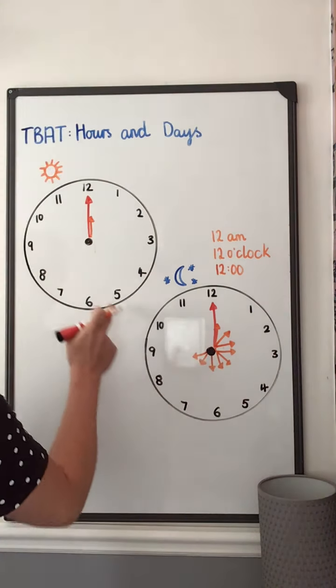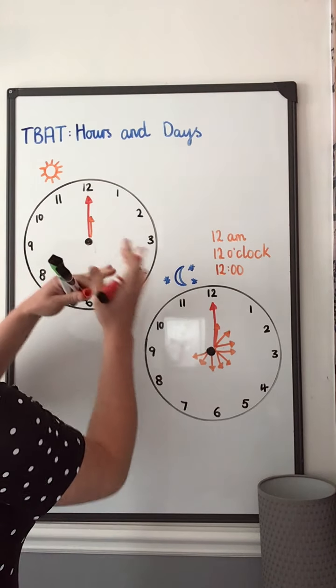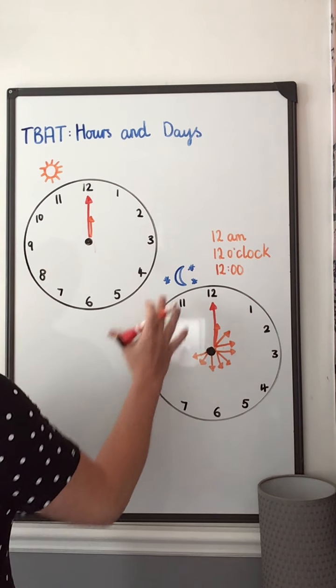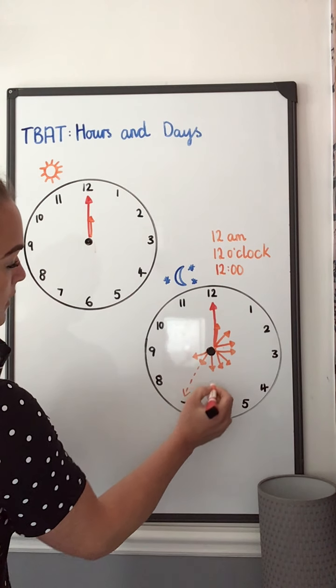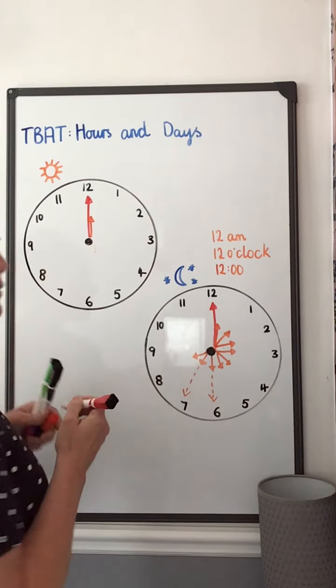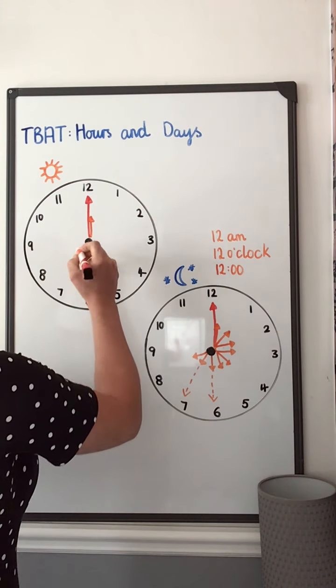So then we move over. That's where our clocks cross over. We've moved about here is when you would wake up, maybe 6 o'clock, when you would wake up to start your day, and the clock carries on.